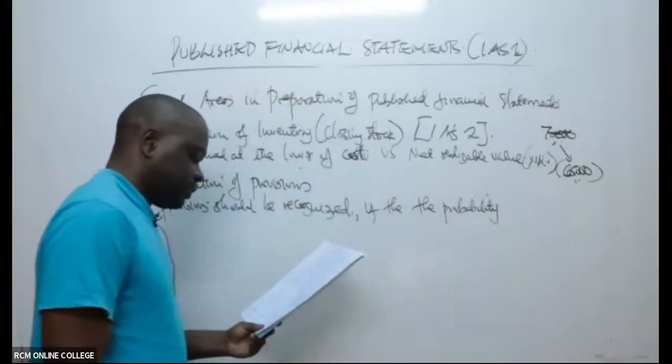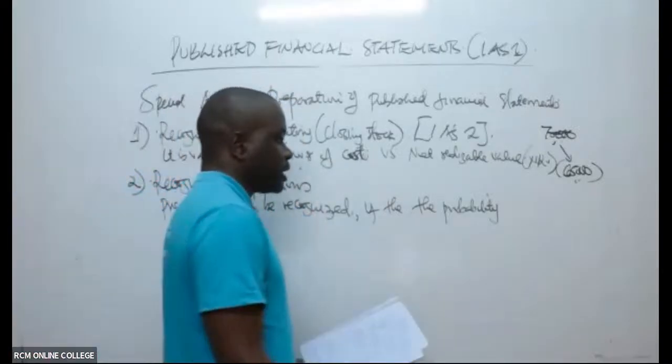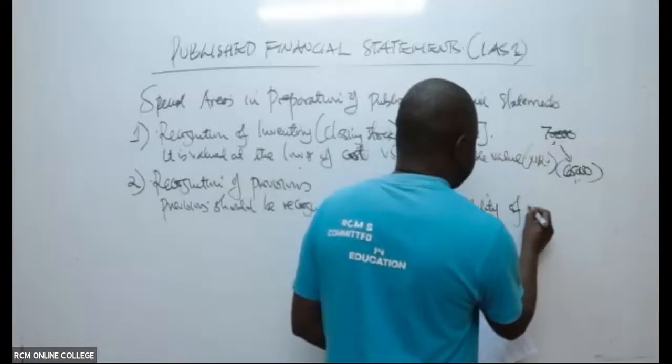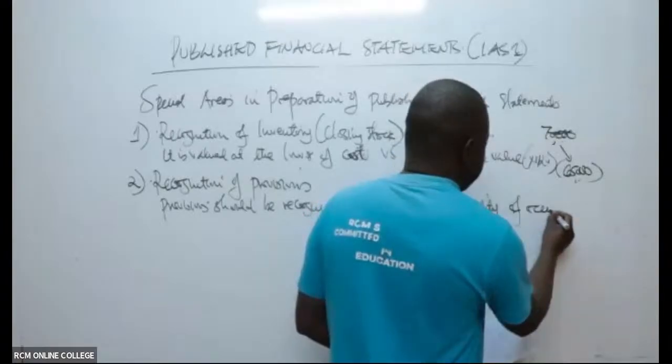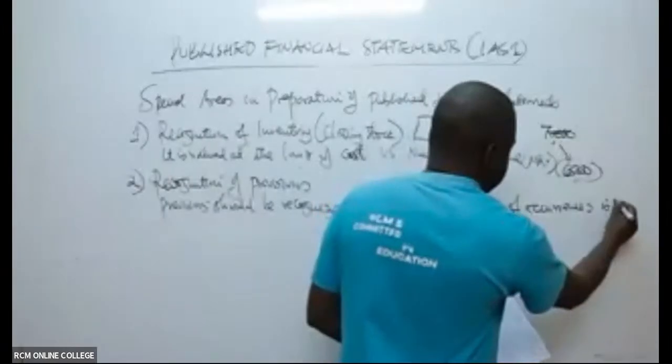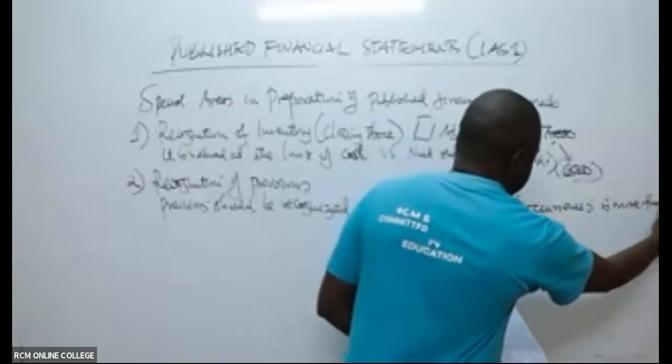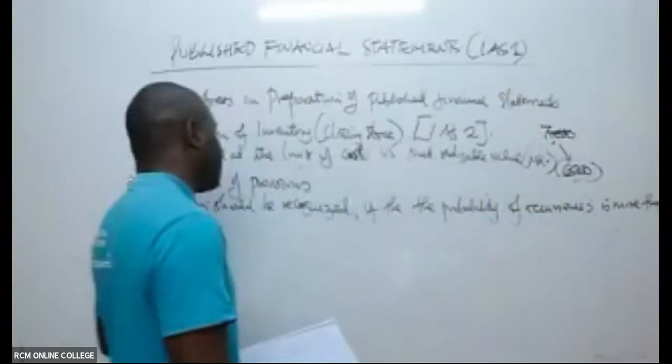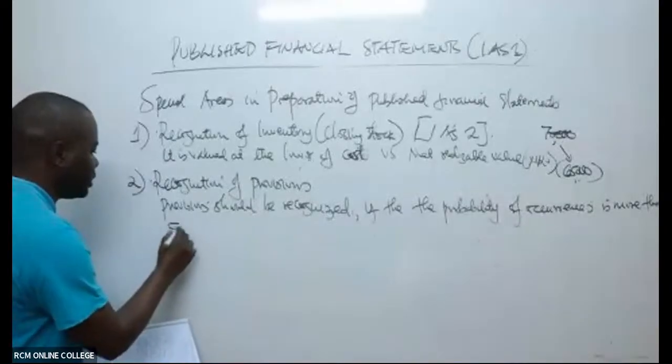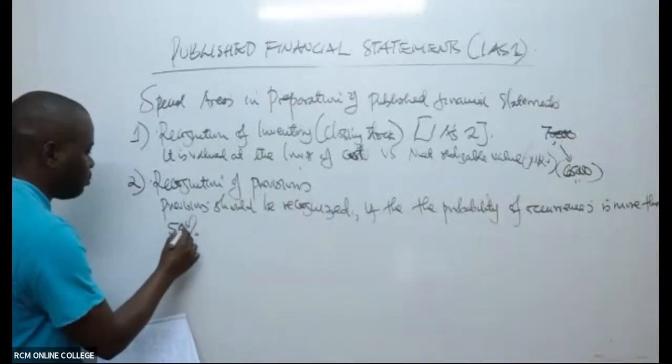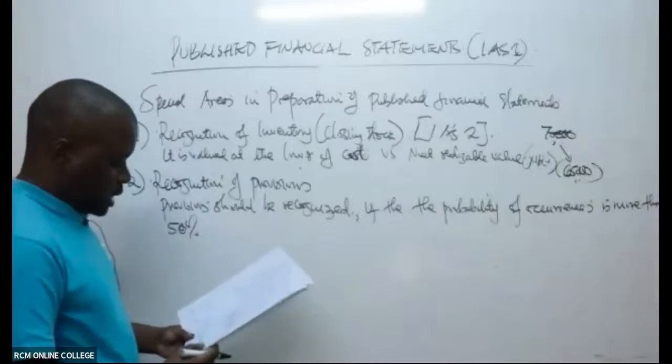Provisions should be recognized if the probability of occurrence is very high, if the probability of occurrence is more than, let's say, exactly more than 50%.